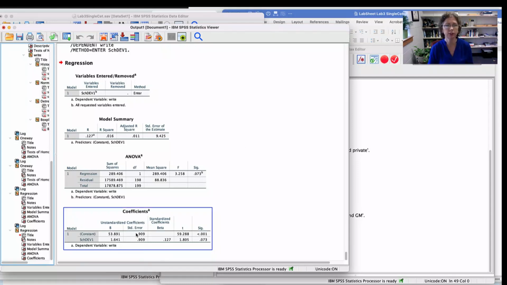What did change is the coefficients, because now I'm comparing to the grand mean. The mean between public and private was 53.89. The difference between private and grand mean is 1.64. So that's all I need for writing up, and I know that it's not a significant difference.